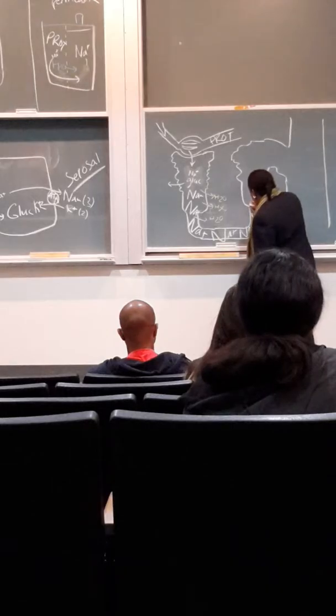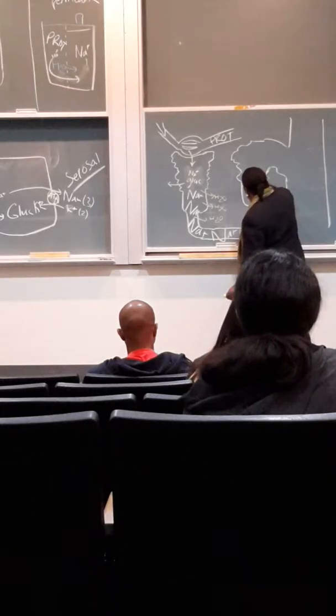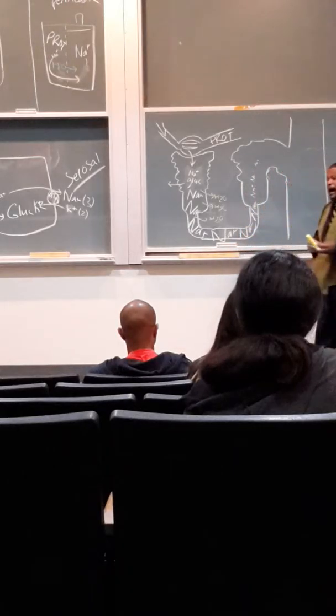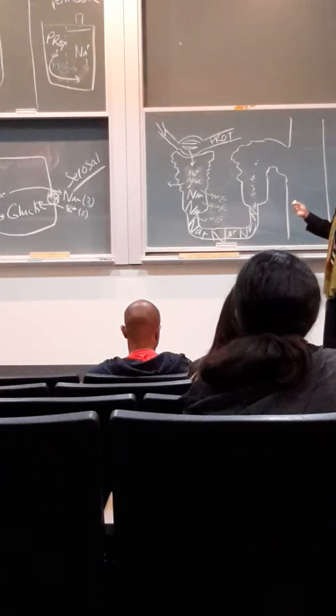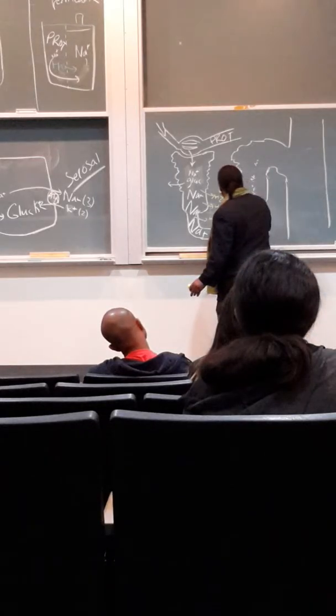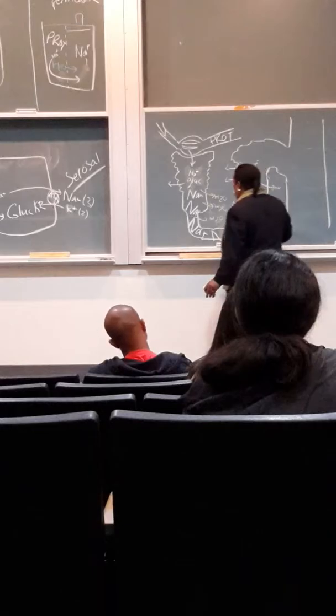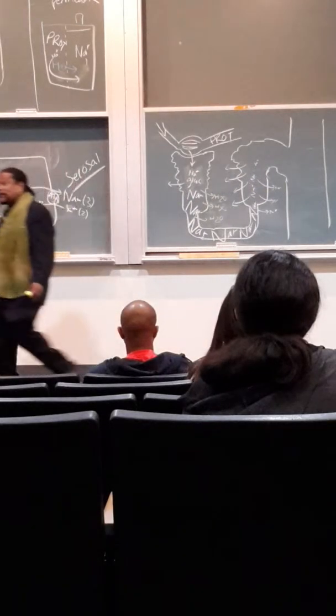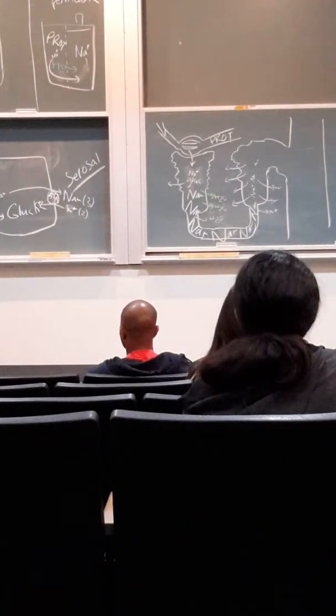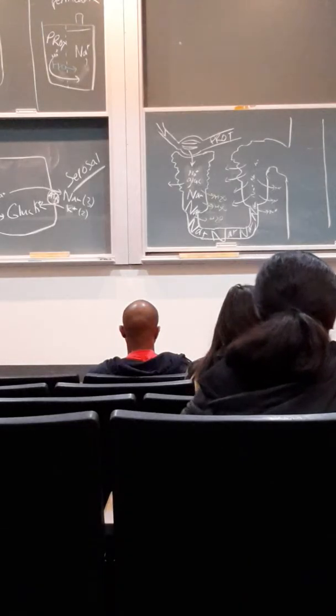Because as you go up, the ascending loop is semi-permeable. So more and more sodium's coming out. So the water's coming out of the descending loop because the sodium's coming out of the ascending loop because they're moving in opposite directions.